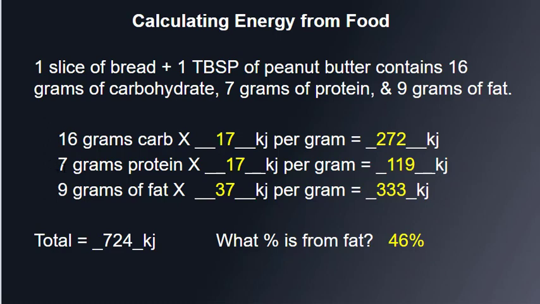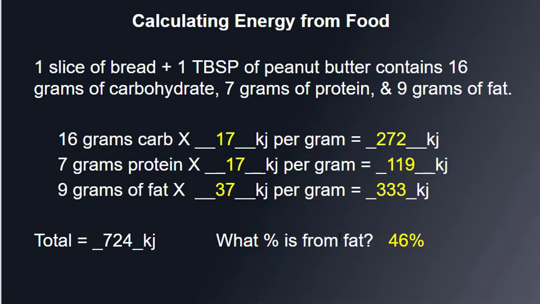The meal also provided us with 7 grams of protein, so 7 times 17 gives us 119. And we've also obtained 9 grams of fat. Multiply that by 37 and that gives us 333. So that gives us a total of 724 kilojoules from this meal.